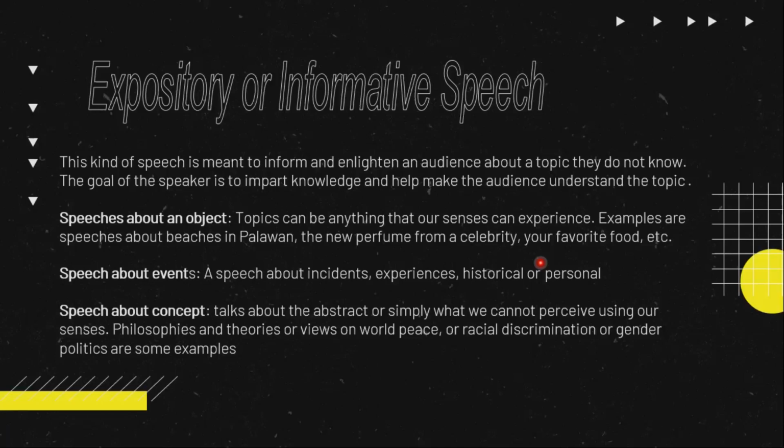It is talking about a process on how this thing is done. So those are the four: speech about an object, events, concept, and process. Those are the different expository or informative speeches.